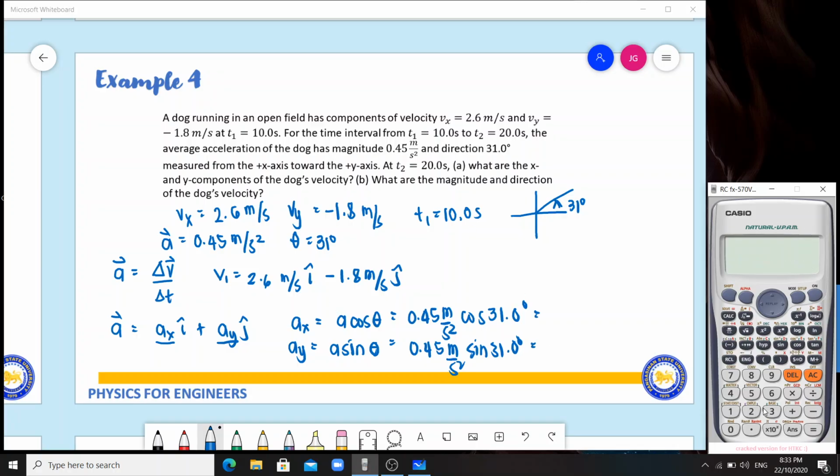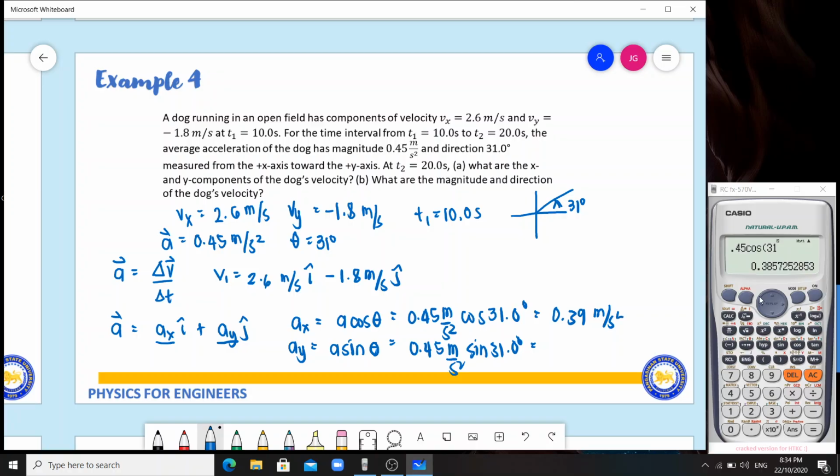So, let's compute 0.45 cosine 31. That is 0.39, okay, meters per second squared.